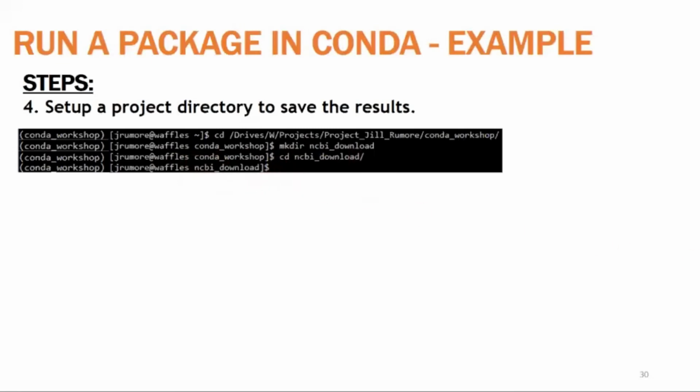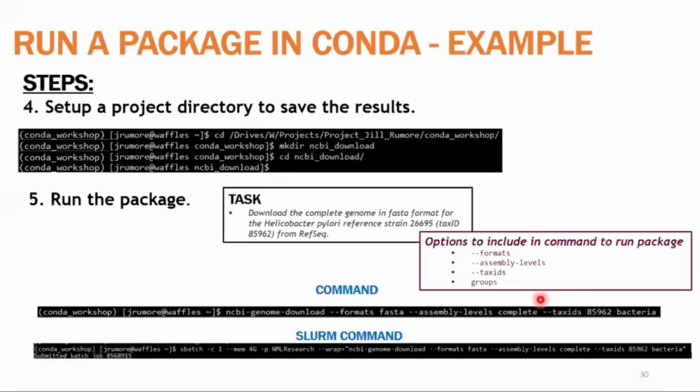Now, my next step is to run the package from the project directory. In the example shown in the slide, which is again displayed for both the basic command and the SLURM command, I'm using the NCBI genome download command along with the set of options that we discussed in the previous slide to accomplish my task. So again, the formats option tells the NCBI genome download tool to download my sequence data in FASTA format, while the assembly levels option indicates that I want the complete genome only.